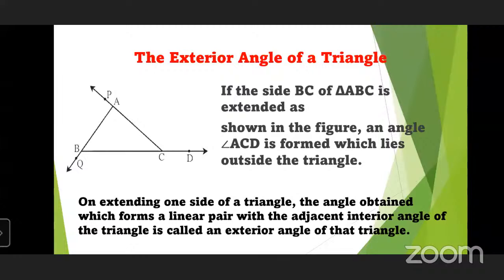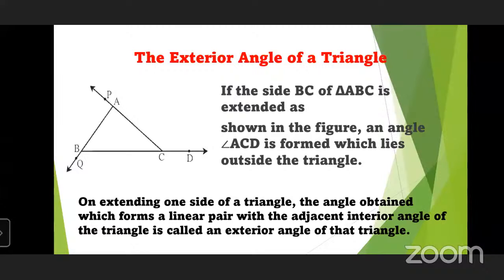And from point C, CD is extended as well. So, as shown in the figure, an angle ACD is formed which lies outside the triangle. Now, this type of angle is known as an exterior angle of a triangle.